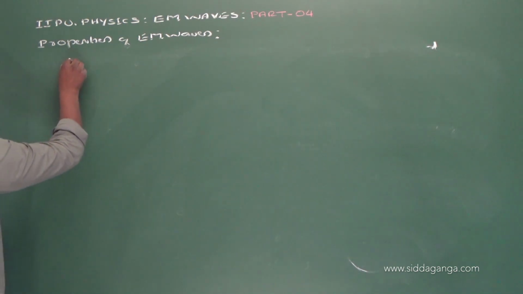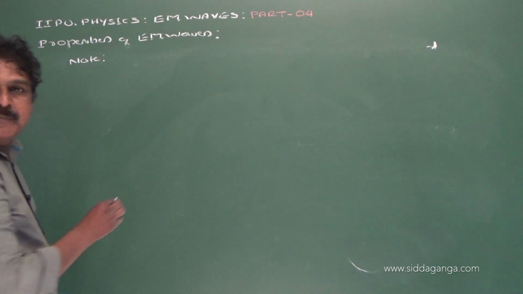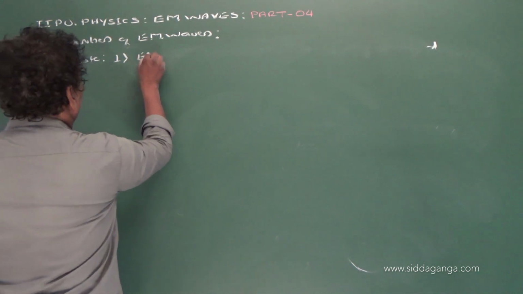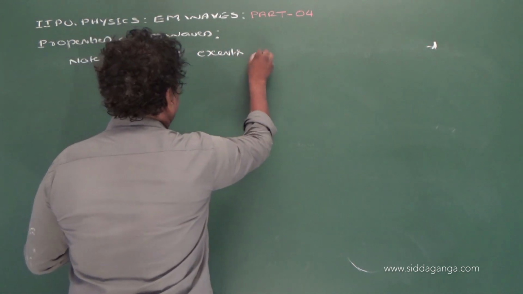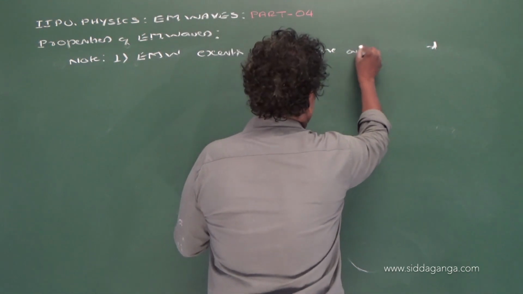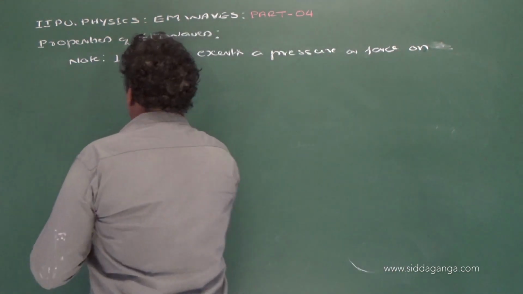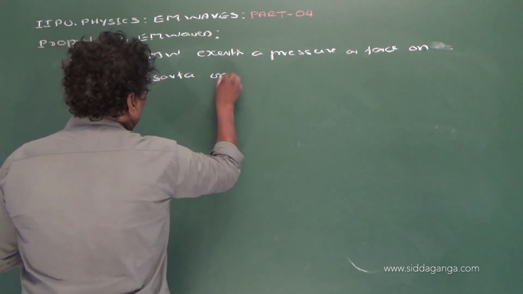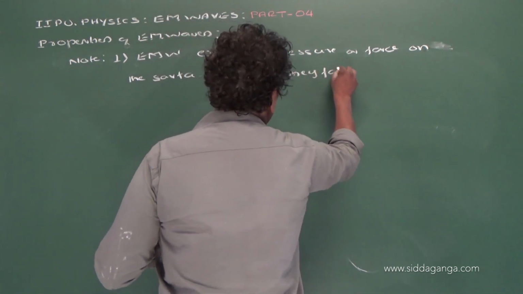Now, take some note points. Point number 1, electromagnetic wave exerts a pressure, or force on the surface on which they fall.